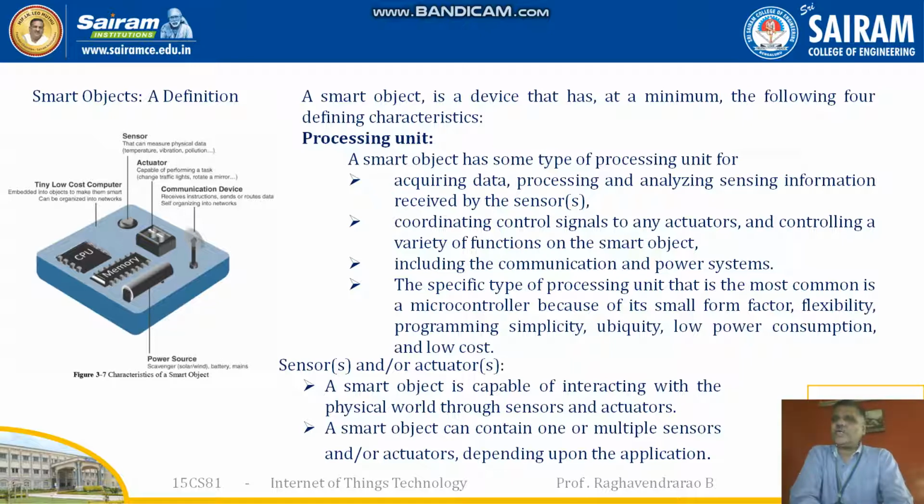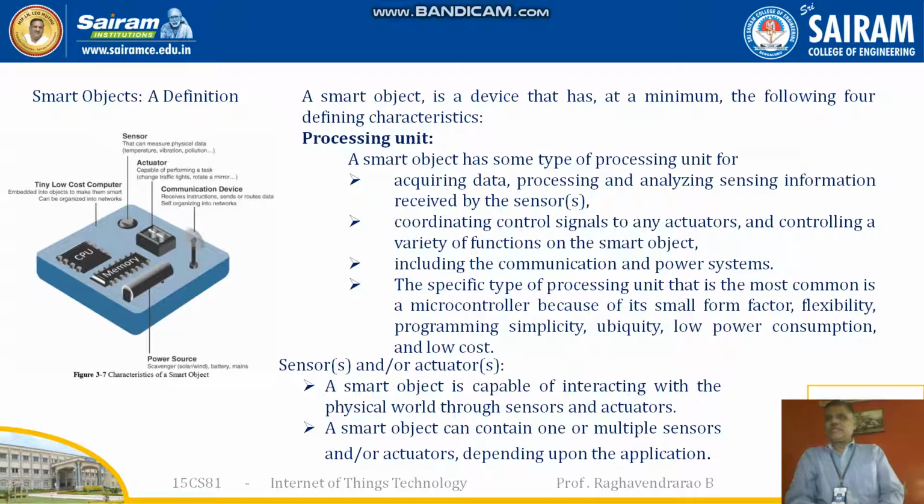Then coordinating control signals to any actuators and controlling a variety of functions of the smart object. So it is collected, analyzed, then you coordinate with the execution, which includes the communication and power systems.